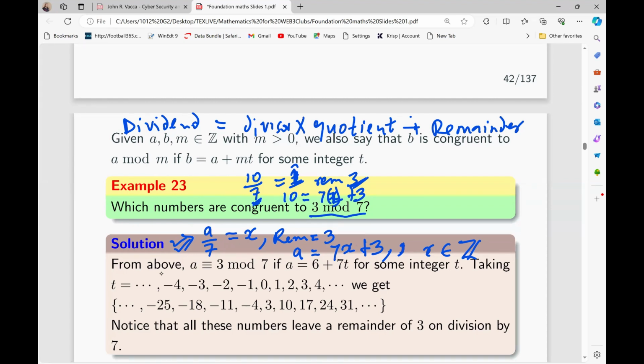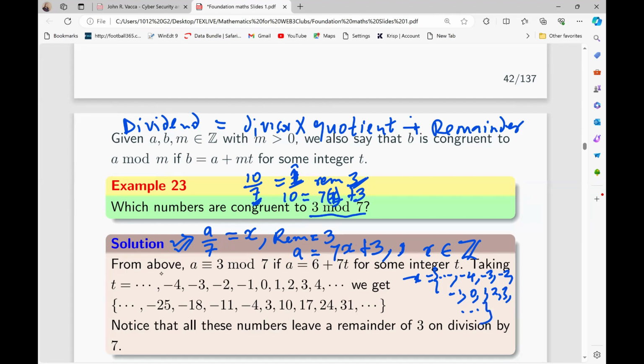So what I mean by that, X can be any integer: -3, -2, -1, 0, 1, 2, 3, and so on.